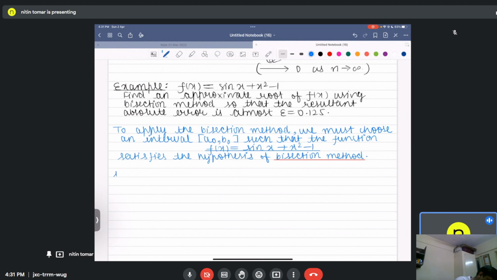So to start with, you just see f(0). What is f(0)? It is minus 1. And f(1) is sine 1, and sine 1 is strictly positive, because sine is positive between 0 and pi by 2, and pi by 2 is greater than 1, so sine 1 is positive.